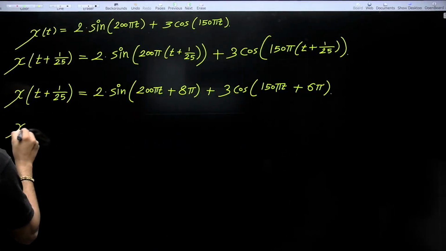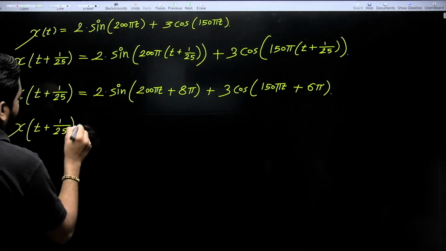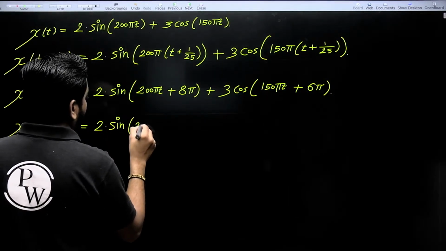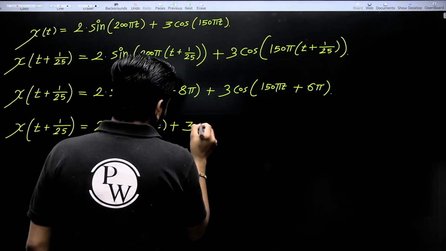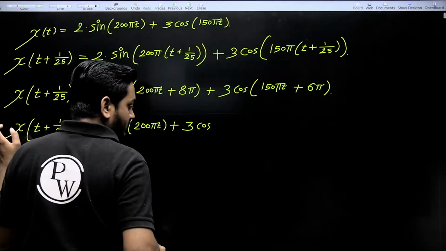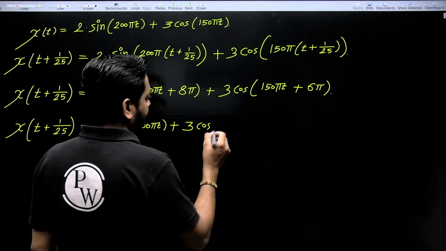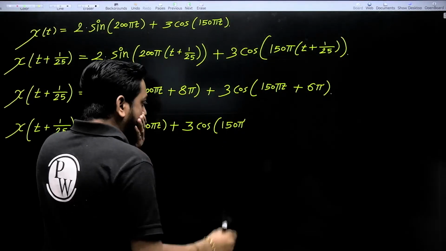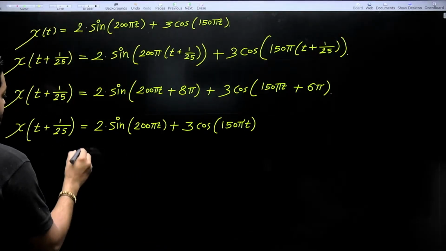so x of t plus 1 upon 25 is equal to 2 sin 200 pi t plus t cos 150 pi t, which is the same as x of t.